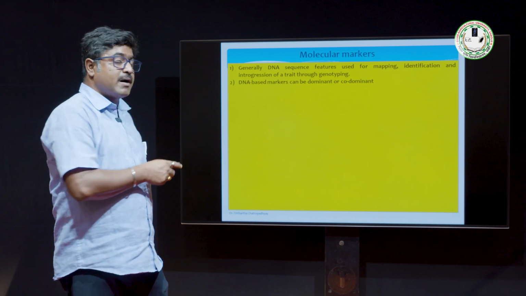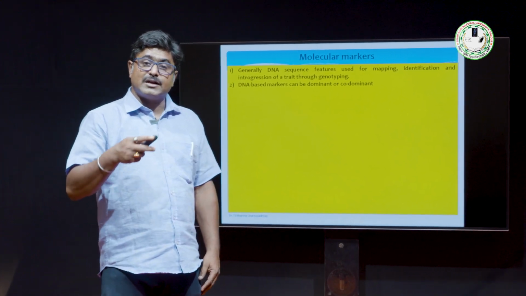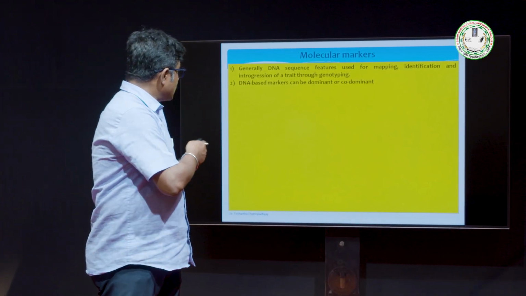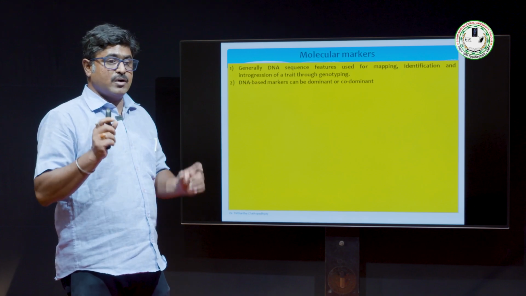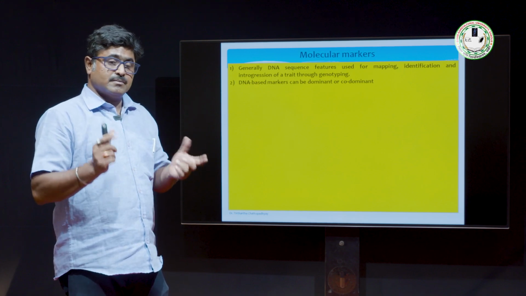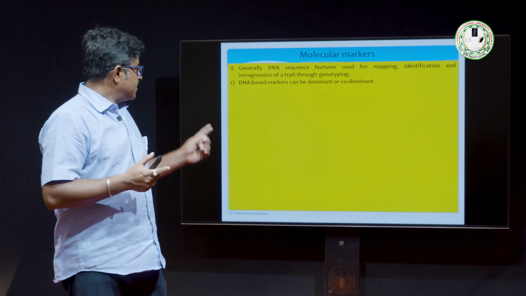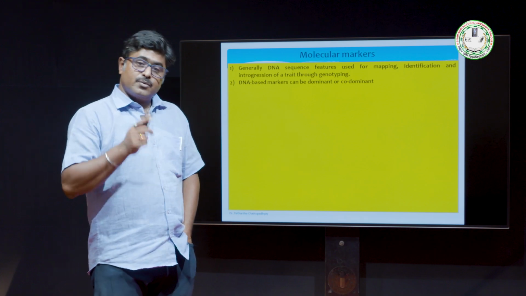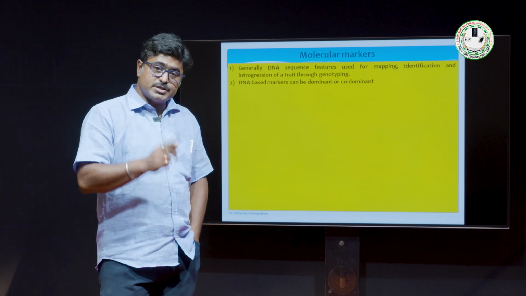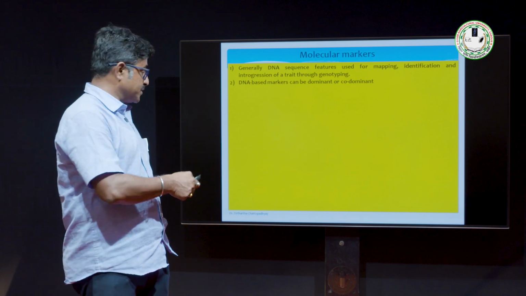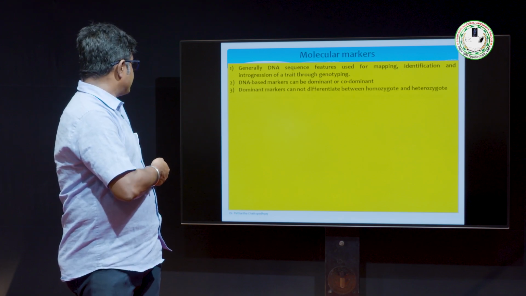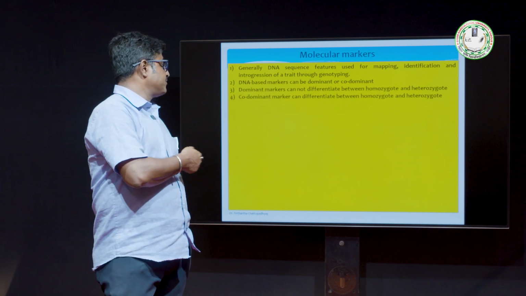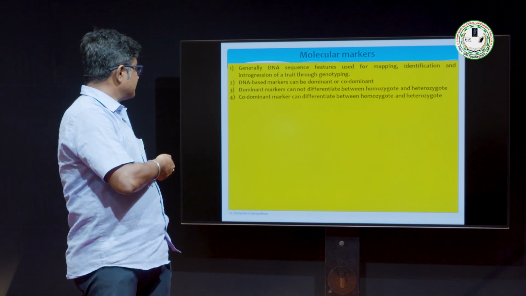So a codominant marker lets you know the heterozygosity of the plant, but a dominant marker cannot detect the heterozygosity. It can only detect the presence, whether the gene is present or not, but a codominant marker will tell you whether the gene is present in homozygous or heterozygous condition. So dominant markers cannot differentiate between homozygote and heterozygote, while a codominant marker can.